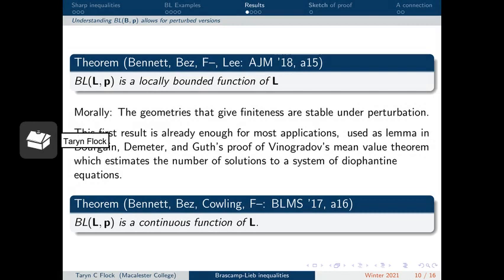Specifically, the Brascamp-Lieb constant is actually a continuous function of L, and moreover, well, not listed on this slide, the same paper that contains the nonlinear Brascamp-Lieb theorem shows that the Brascamp-Lieb constant is actually Hölder continuous, though the degree of Hölder continuity depends on the family of powers p.